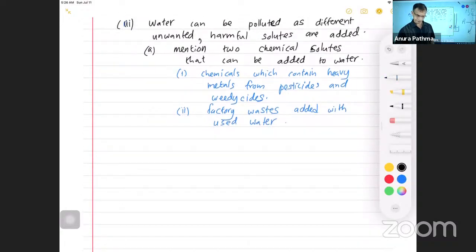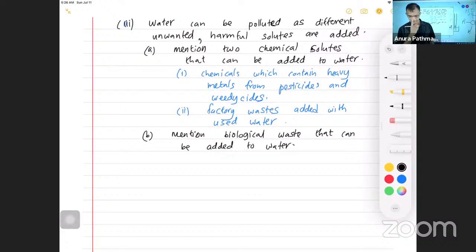Simple B. Mention biological waste that can be added to water.